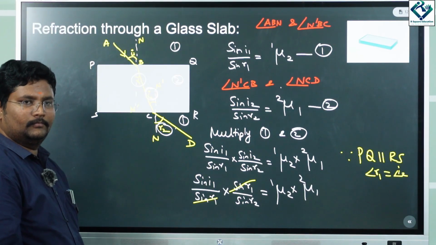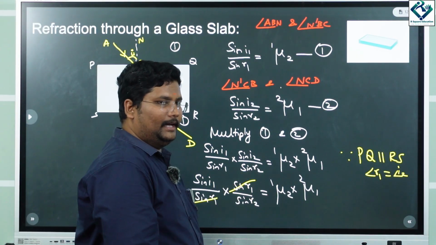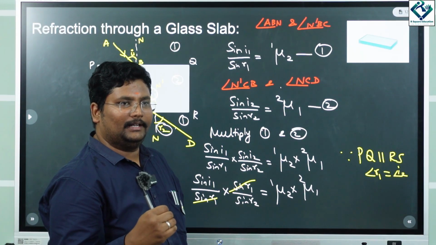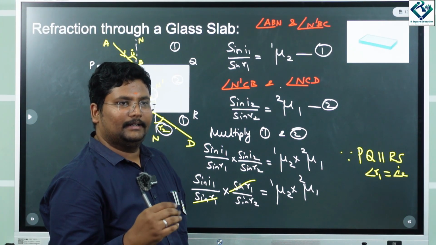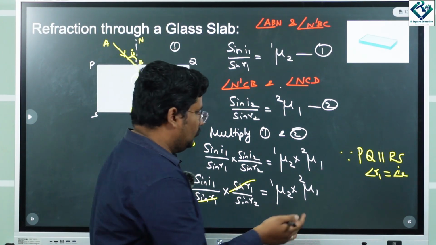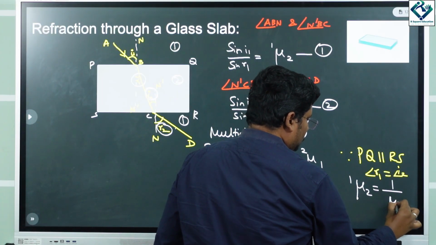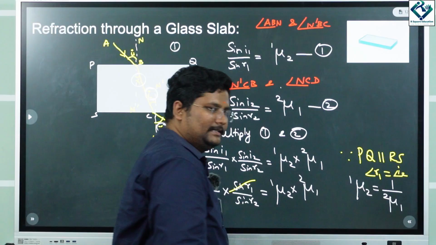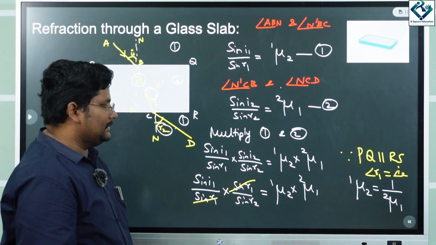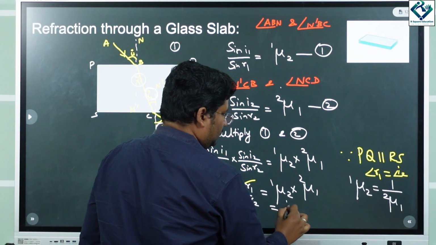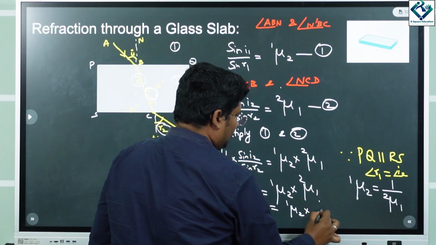Cancel. And you have already seen that for the same pair of media there is reciprocality. So mu12 can be replaced by the reciprocal of mu21. Replacing that, they cancel each other.